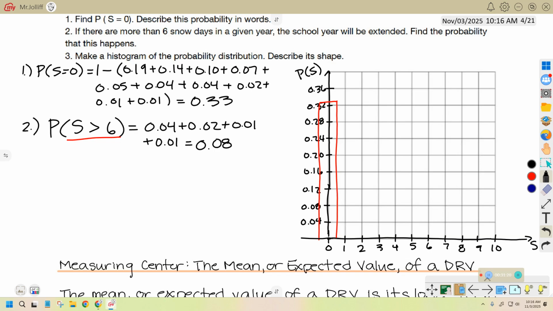For box 1, what was my probability? 19% chance I have exactly 1 snow day. So 19 is sitting right here. Box is centered about 1 because that was x is 1. Next one, 2 snow days was 14.